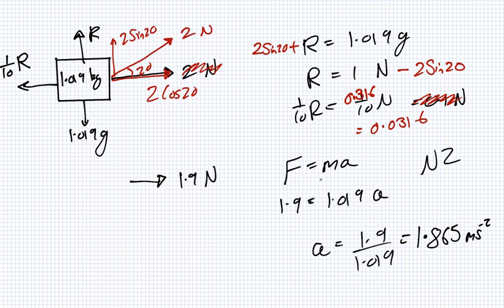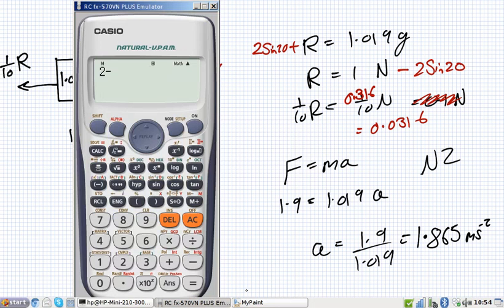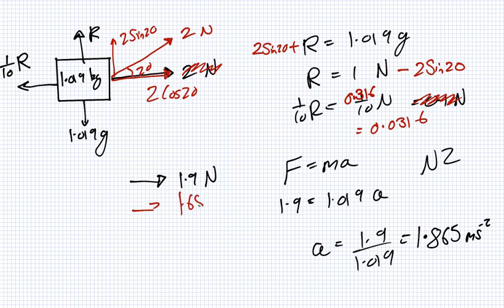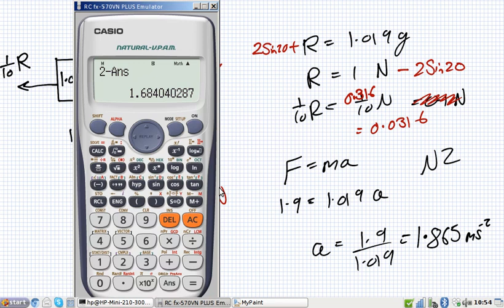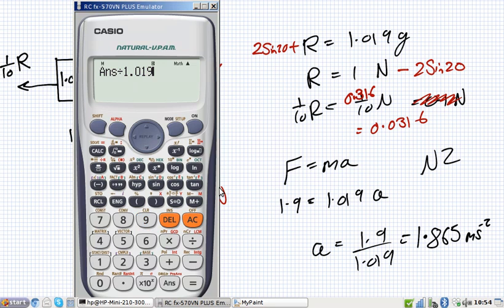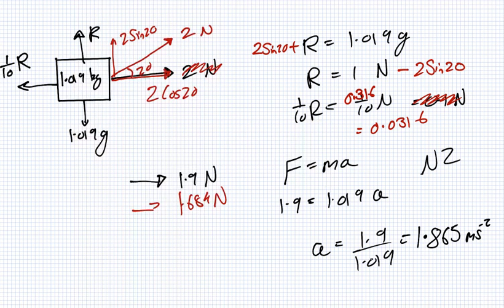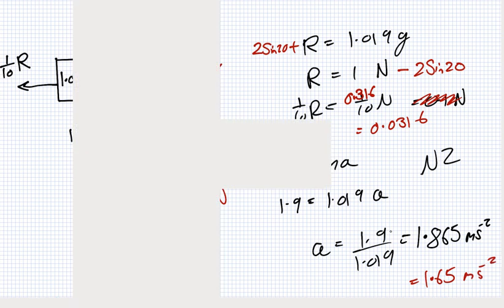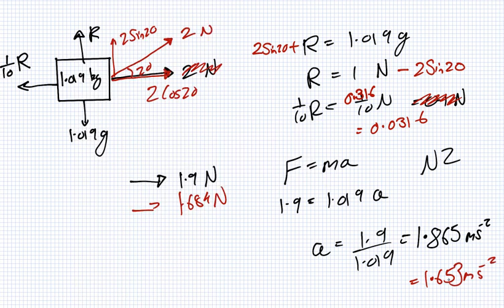Now that changes the situation, because the net force will be 2 minus that previous answer, which is 1.684 instead. So less force horizontally here. That is the F divided by the M, which gives me the A. Now it's only 1.653 instead. Less, which makes sense because he's pulling at an angle now.